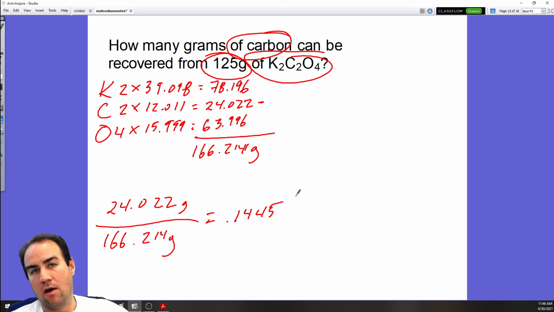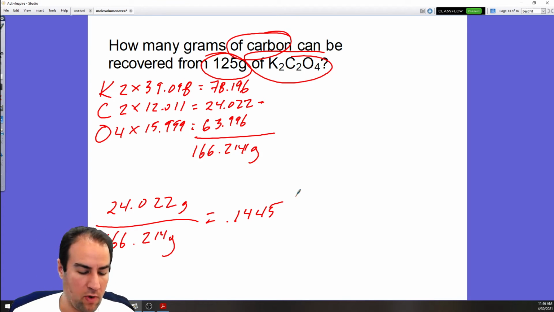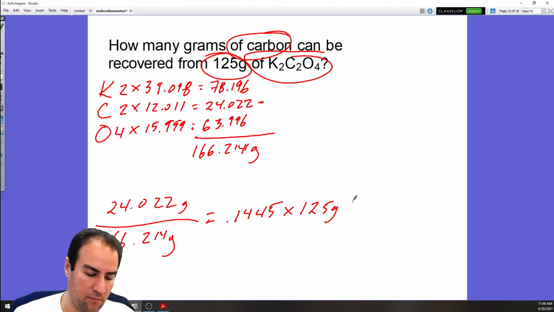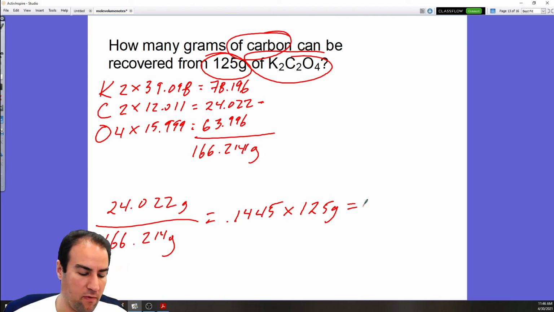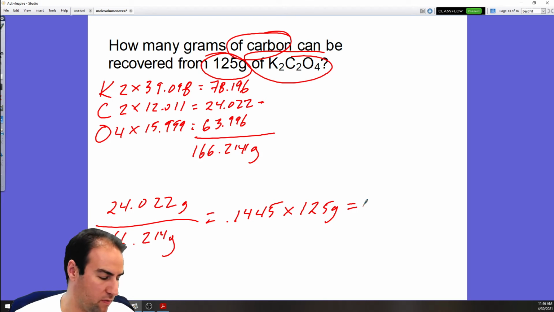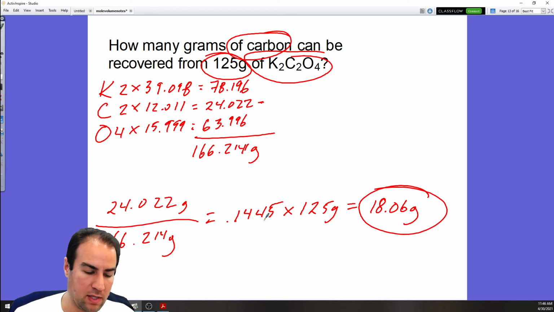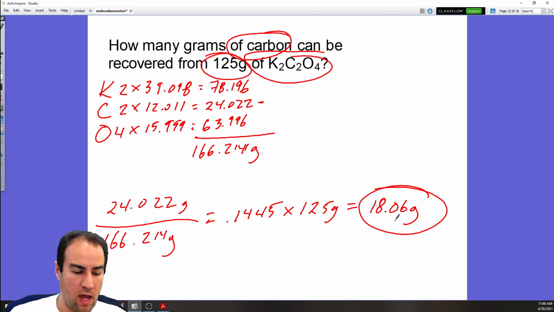You don't need to multiply by 100 to get the percent here. We want the decimal form. That makes it easier to multiply by 125 grams. 0.1445 times 125 grams gives us 18.06 grams. That means that of the 125 grams, 18.06 grams is carbon.